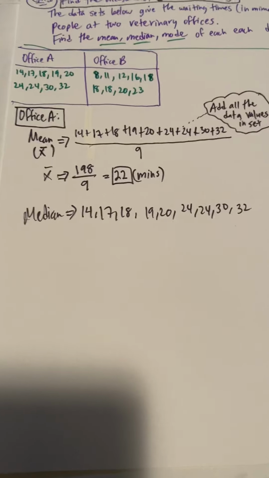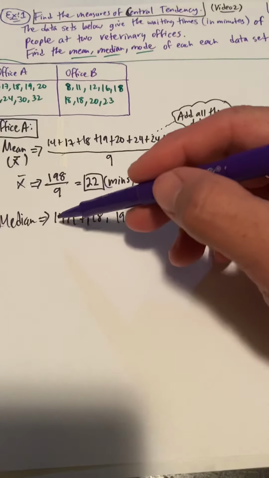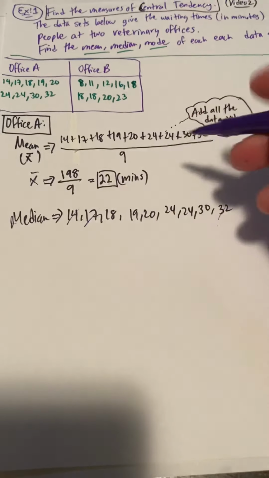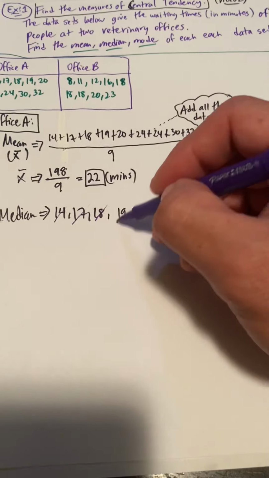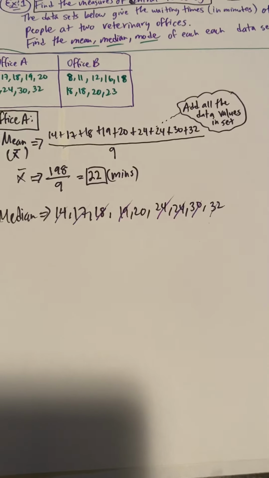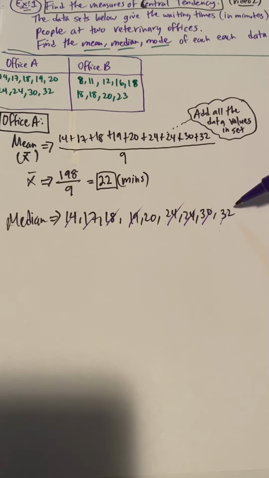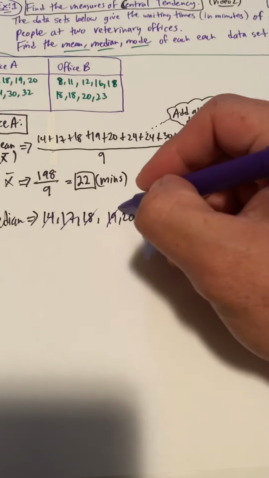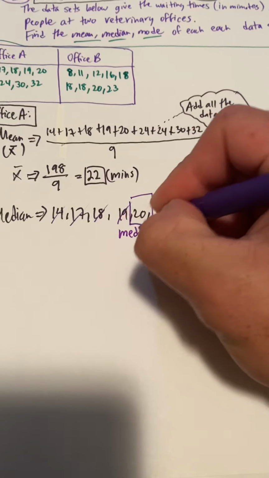One strategy that I like to use is counting one from each side and just taking them off until you get to the center. Once you get to the center, you should be able to see the median. If there's an odd number of data values, which is 9, right? 9 is odd. We should just end up with 1, which is right here, 20. So this is your median.